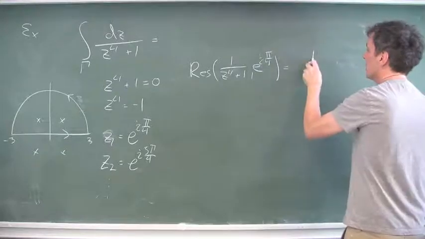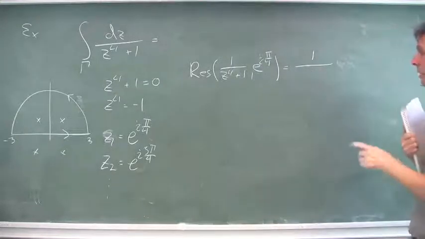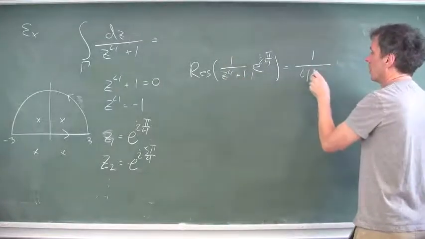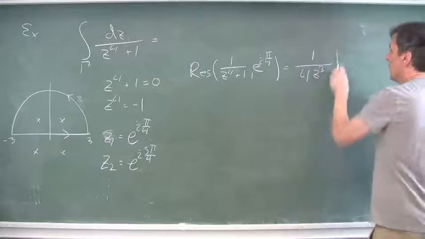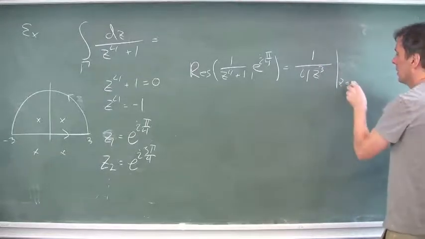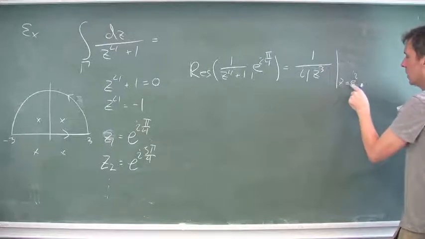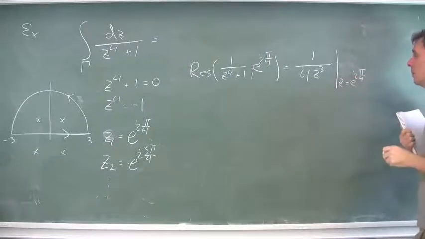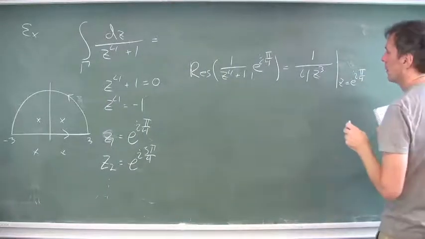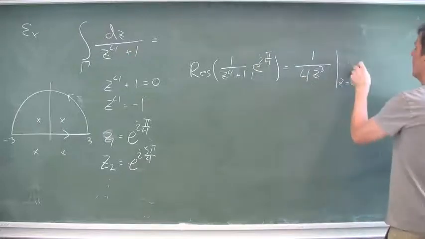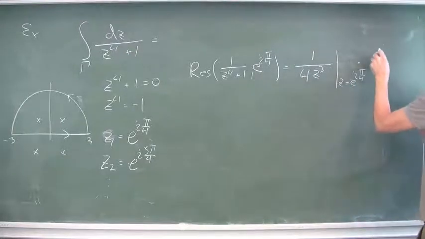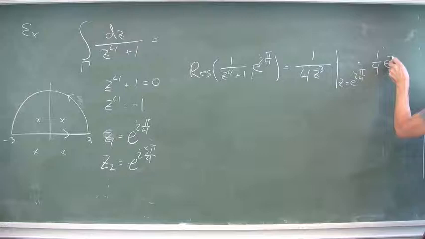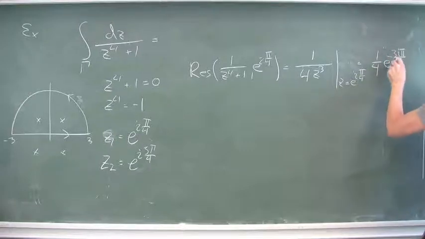Since the numerator is just 1, there's nothing to evaluate. The derivative of the denominator is 4 times z to the third, evaluated at z equal to e to the power i pi divided by 4. So this will be equal to 1/4 times e to the power minus 3i pi divided by 4.